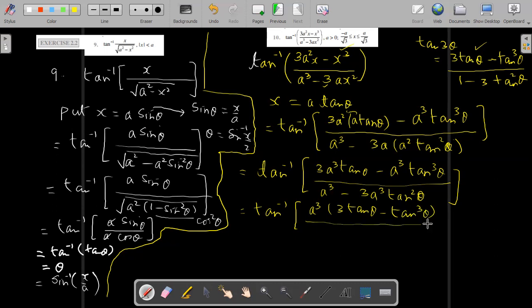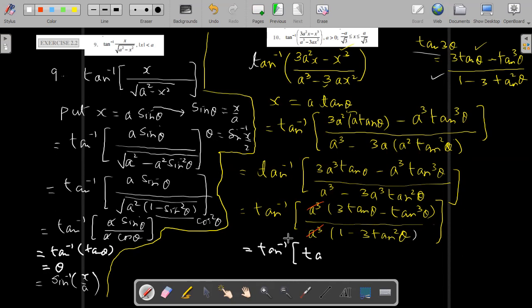And similarly in the denominator also take out common only a cube, then it will become the formula 1 minus 3 tan square theta, and this a cube and a cube will cancel, and finally we get tan inverse 3 tan theta minus tan cube theta upon 1 minus 3 tan square theta. This is the formula. This will become tan 3 theta.